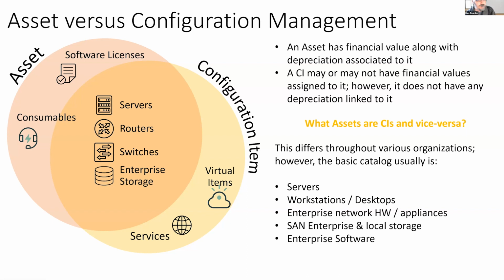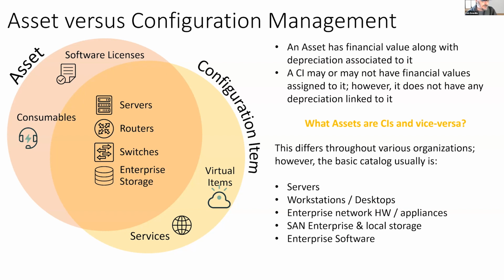Those are virtual items, and they're configuration items only because they don't have financial implications on a physical device. I mean, they do have financial ramifications, but that's more on a contract thing. And services, where they cross over is like servers, routers, switches, enterprise storage, SAN arrays, things like that. They're physical things. They have contracts and they have configurations, right? So yeah, that's a real key difference.